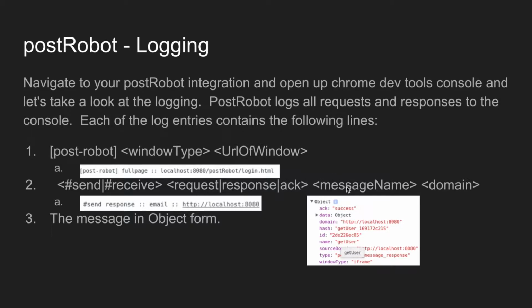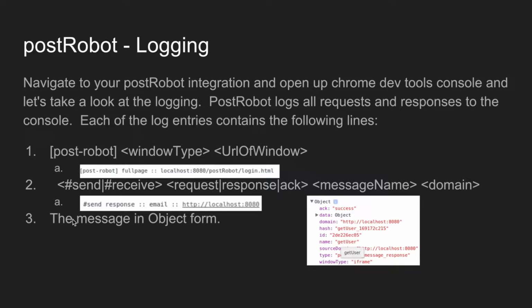And then the message name is the name we gave it. For this example, this message is the email message that we were sending back and forth. And then finally, the domain that was given to the post message.